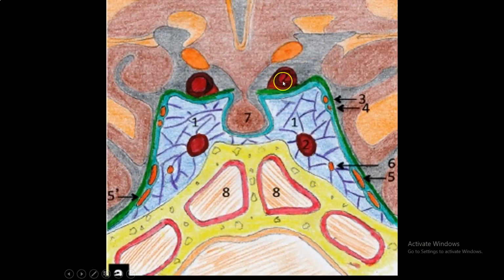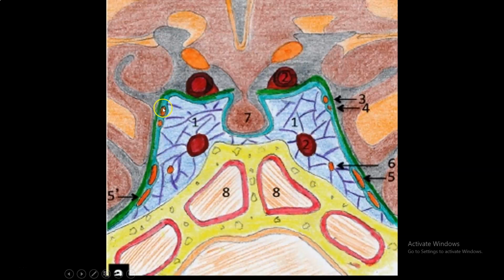So this is a diagram. This is a very nice diagram showing that the cavernous sinus lateral wall is formed of two layers of dura. The outer layer, which is the dura propria, and the inner reticular layer, and in between the two layers, the cranial nerves are not there.